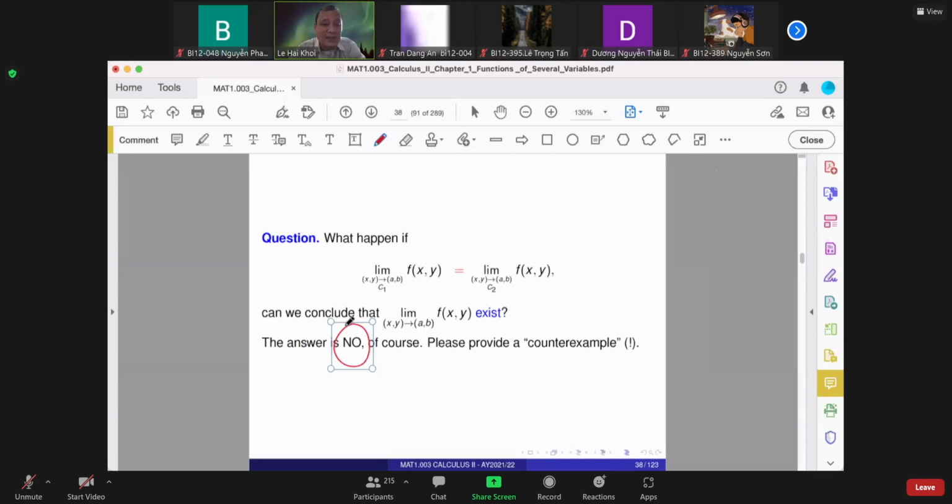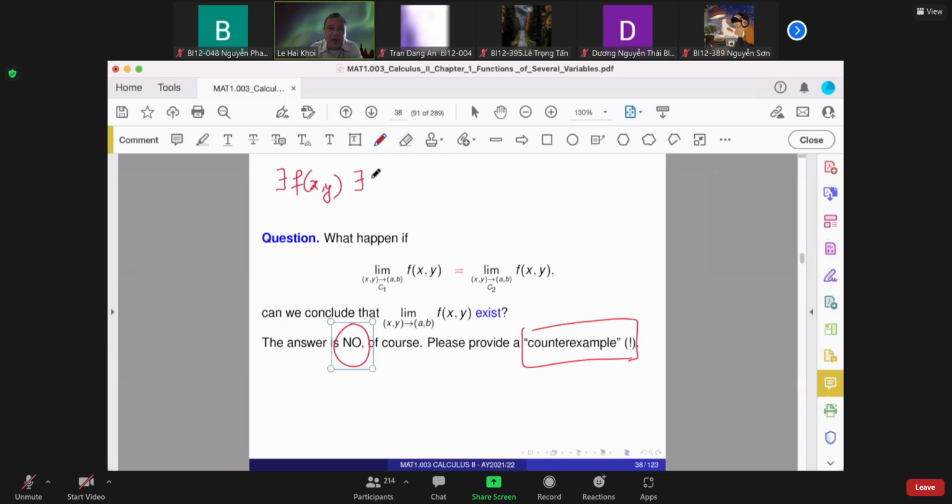But to answer that it is no, you should provide a counterexample. This I give to you, you should do it by yourself, which means that you have to provide some function f(x,y).